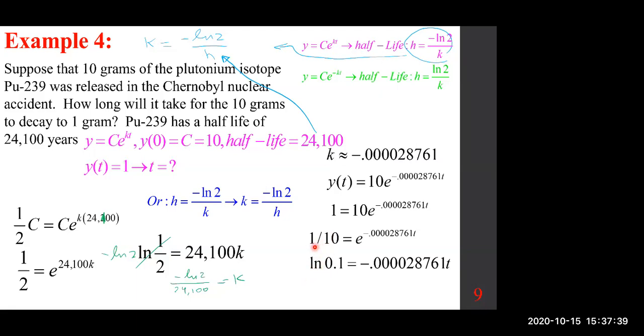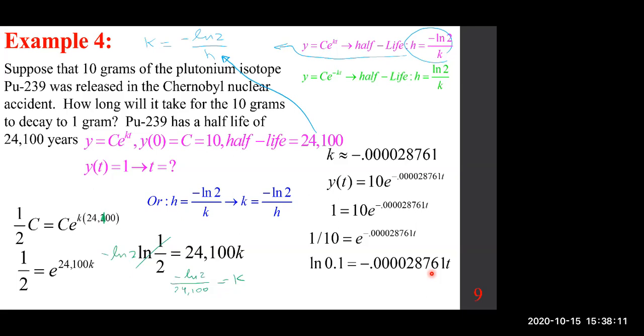When you take a natural log, the left side becomes ln of 0.1. The right side just gives you the exponent. So what is t? ln 0.1 divided by negative 0.000028761. And I put a lot of decimals because we really need that, everybody. It's important to see k is extremely small, and if you don't carry a lot of decimals, you will get a wrong answer.